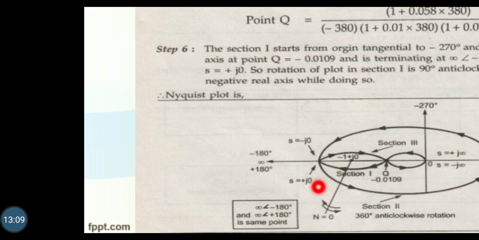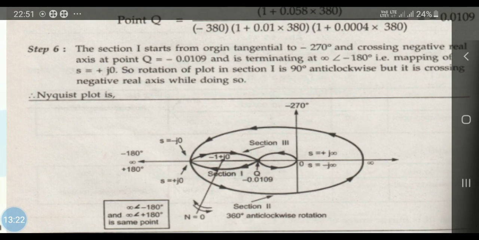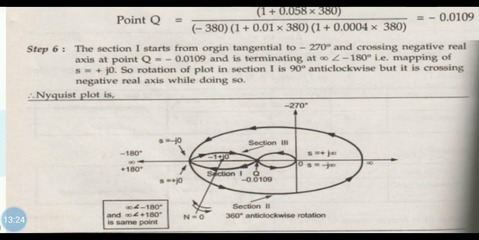Another is in this direction. Both are in opposite directions. Due to that, N is equal to 0, and this is from +j infinity to −j infinity.